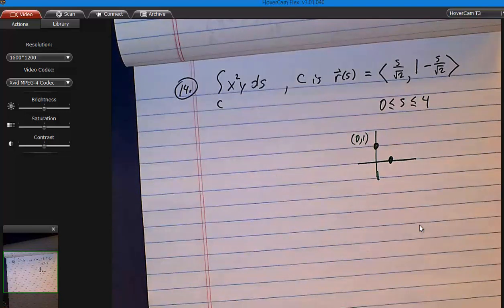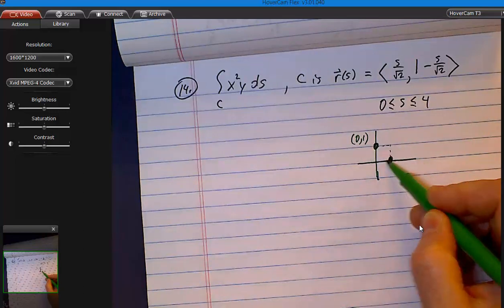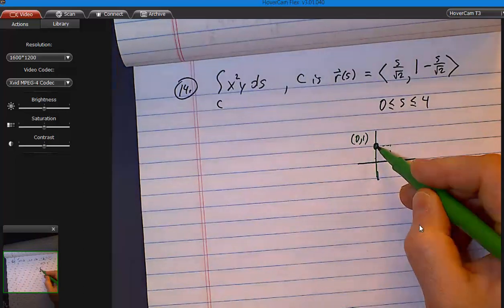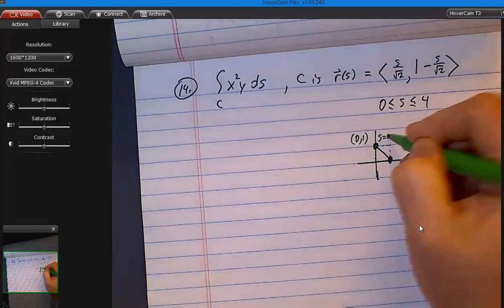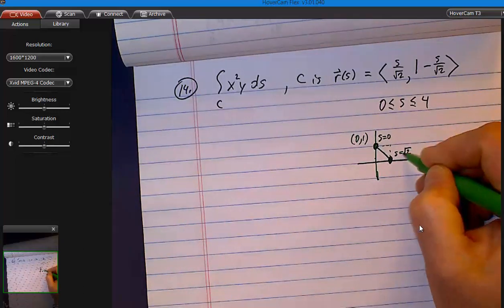Right? And that makes sense. Actually, guys, look at this square that we have on the graph paper. How long is that part of the line segment? That's radical 2. And remember what I said? I said this is s is 0, this is s is square root of 2. So that's a good thing.